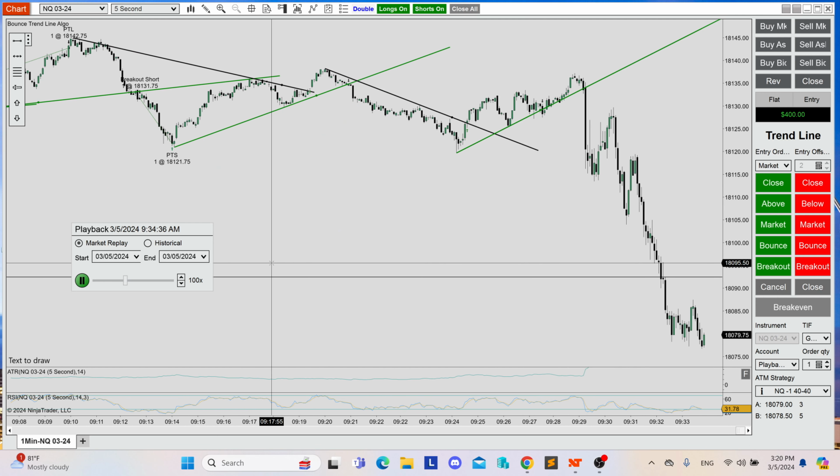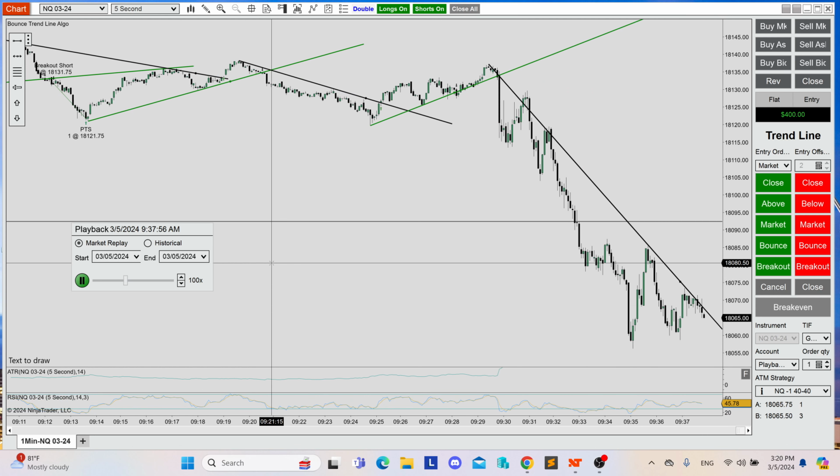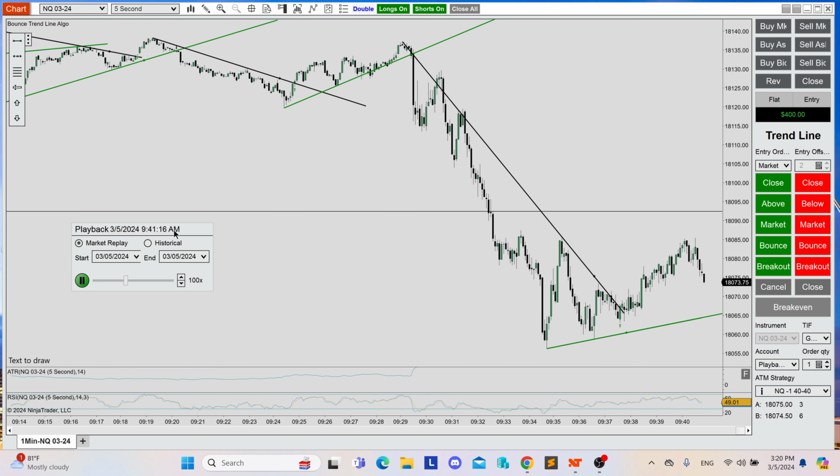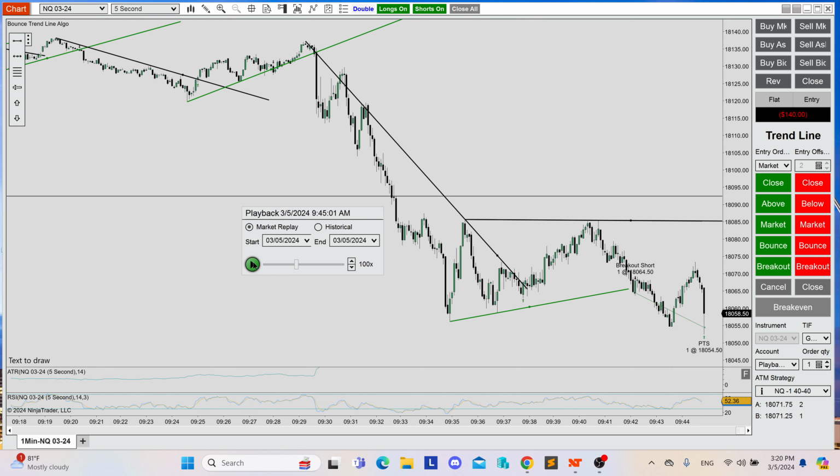We went down. Right, see, it went short here as well. Now notice that we didn't go long here, right? Because this RSI reading was not there.